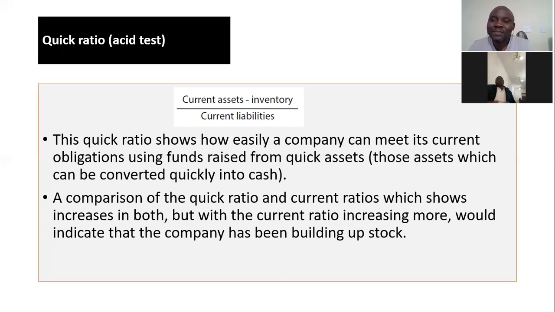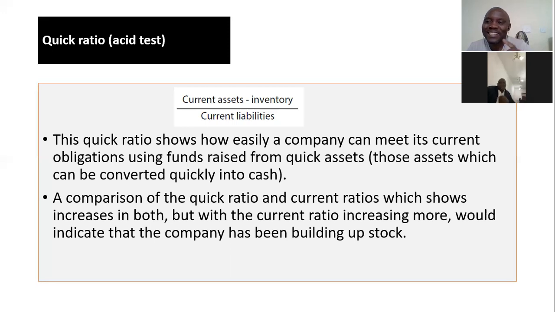Now, this is the acid test ratio, meaning that you have to remove inventory. But you can elect not to remove inventory, and instead remove receivables. Obviously, for your exam purposes, don't do it like that.